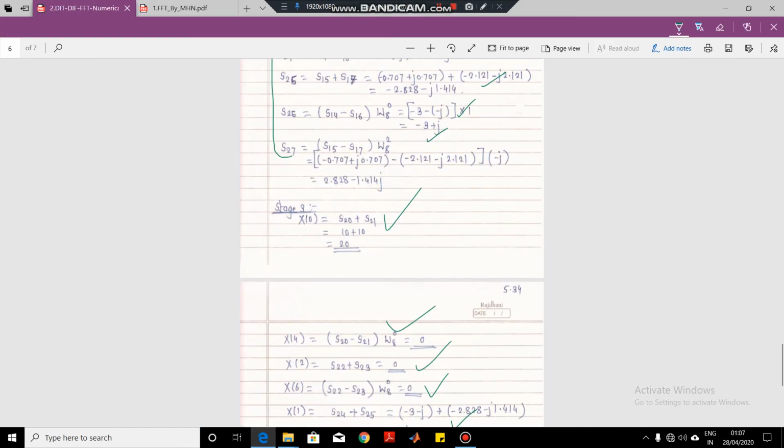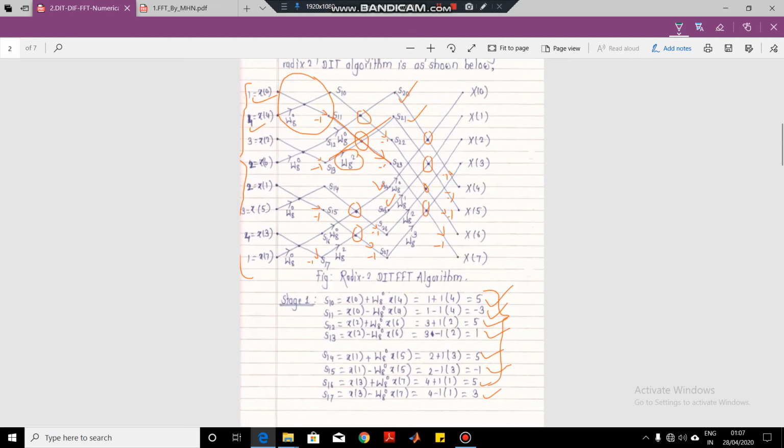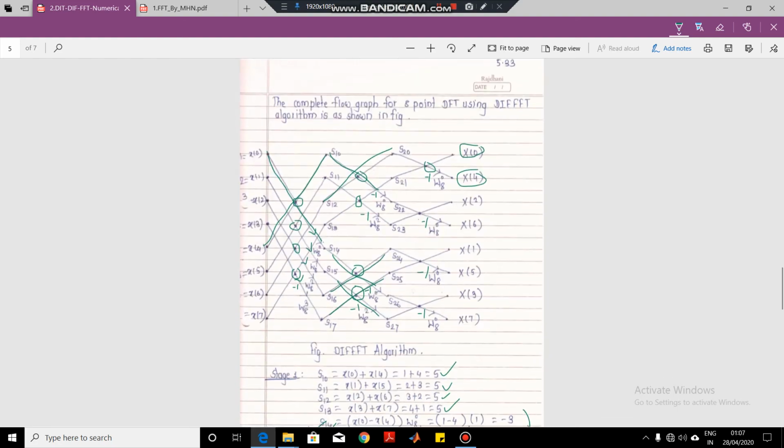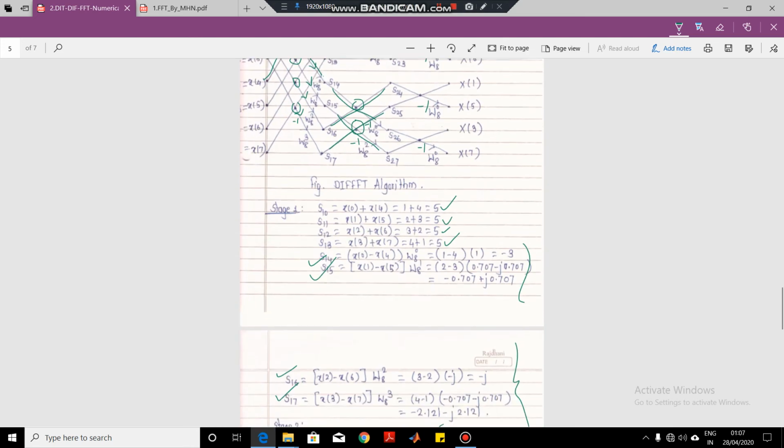When you draw the butterfly, for a DIT algorithm the twiddle factor comes first, then the -1 sign. When it is a DIF algorithm, the -1 sign comes first and then the twiddle factor. In each stage you have to go on computing like this.